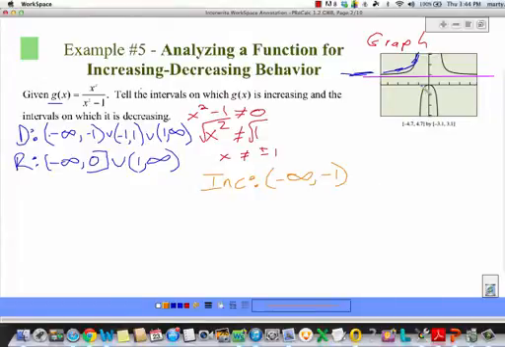And then I'm going to jump over the -1, and notice I'm still coming up all the way up to 0. So I'm going to union with -1. I jump right over it, soft on the parentheses, and I come up to 0, and we'll say the 0 is included there. 0 is kind of a transition point. It's actually a local maximum, which we'll talk about in a minute.